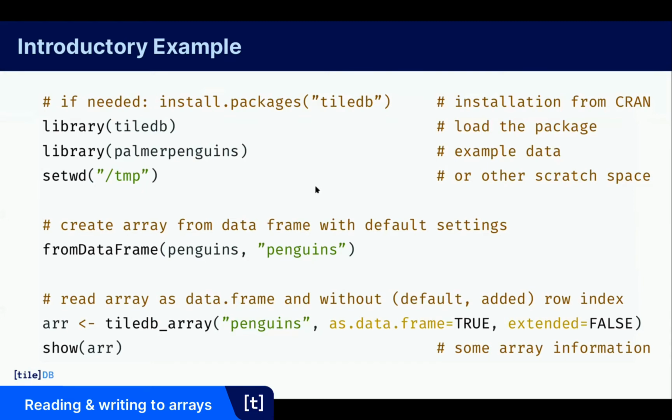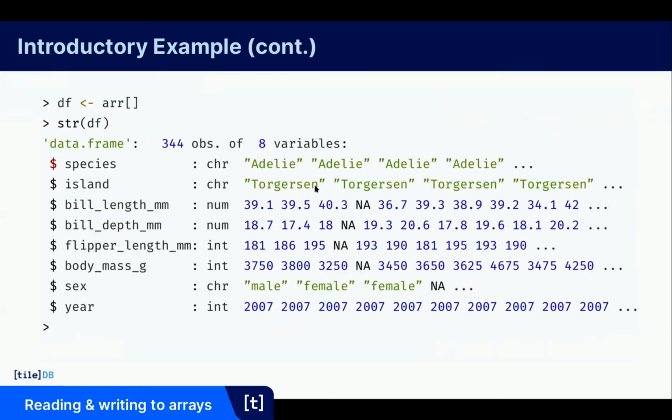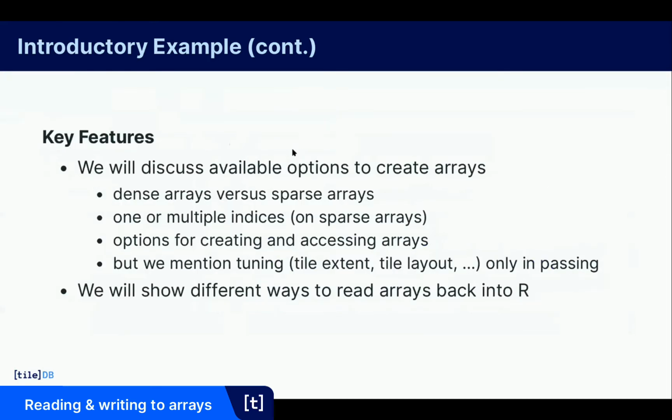Okay, so that was the very first introductory example. Here's a follow-up slide on what we just saw: when we access the array unconstrained, with no additional selection on rows or columns, we get a data frame back of all the observations of all the variables, because we asked to have it returned as a data frame.